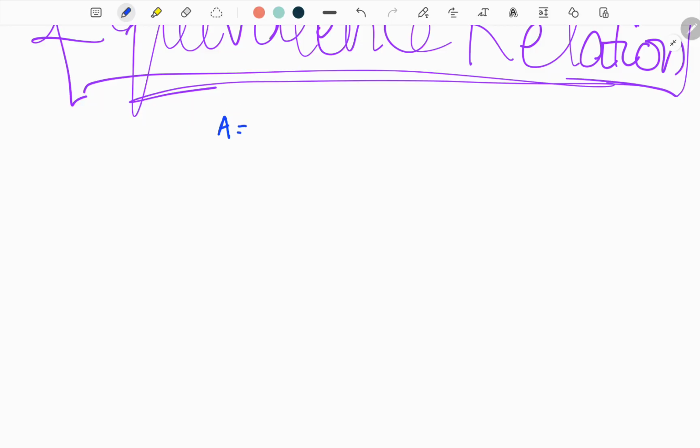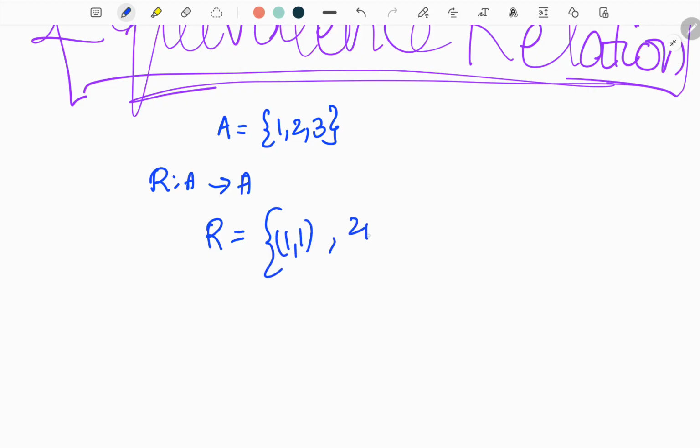So let's say there is a set A having the elements 1, 2, 3, and I am considering a relation from A to A: 1, 1, 2, 2, 3, 3.